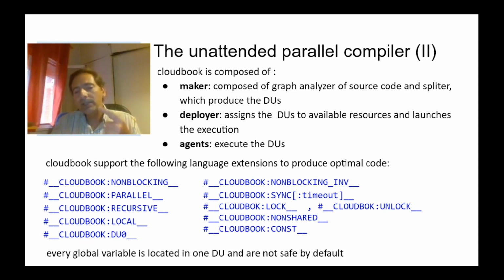But during the execution, if you don't refresh the global variable, it is using an old version of it. So you can use global variables, but they are not safe by default. They can be made safe, but by default they are not. It increases the performance.